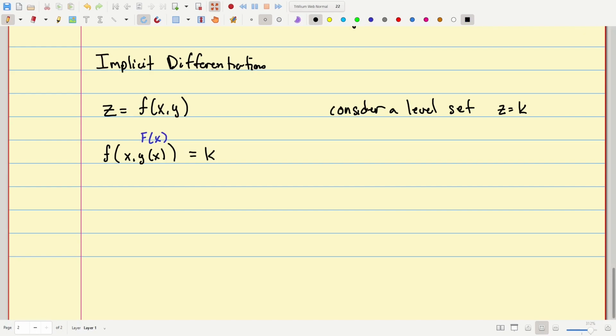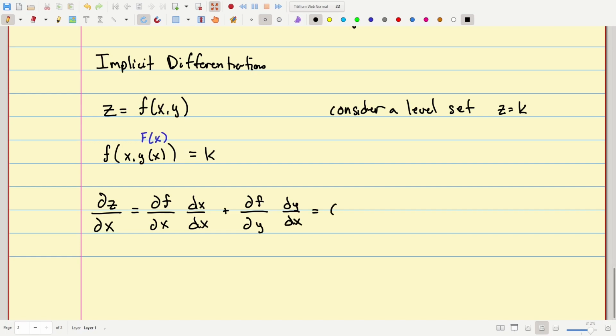Okay, so now, if I take the partial derivative of z with respect to x, then we get partial f partial x here, and then dx dx, because we've reduced to case 1 where there's only one independent variable. And then we add to this partial f partial y, and then dy dx.